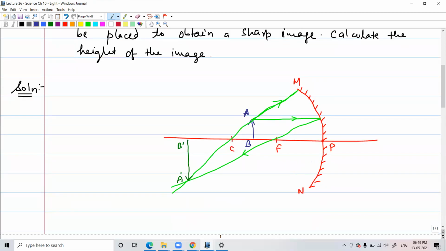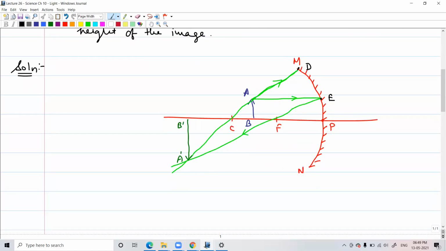Write this. Let's give them some names at the point of incidence also on the mirror. So the point of incidence over here, let's call it as D, and this one, let's call it as E. Yeah, so what was given in the question?